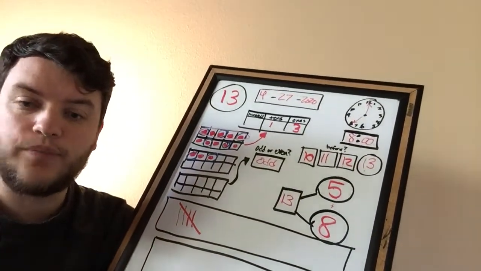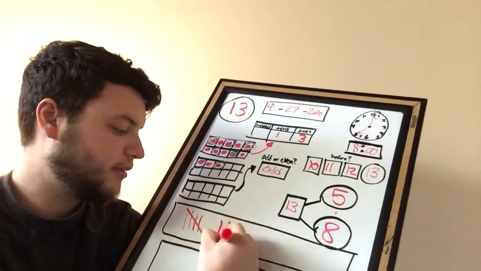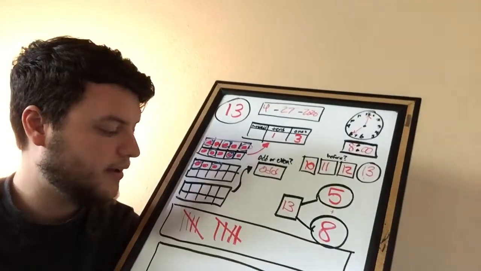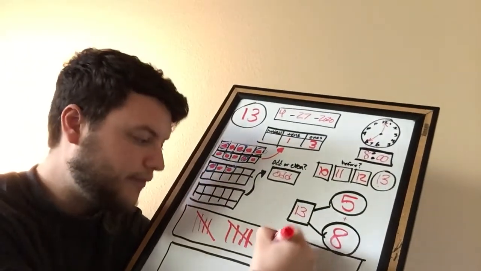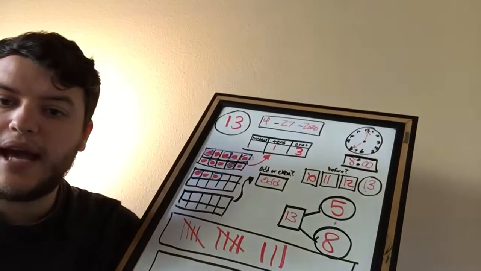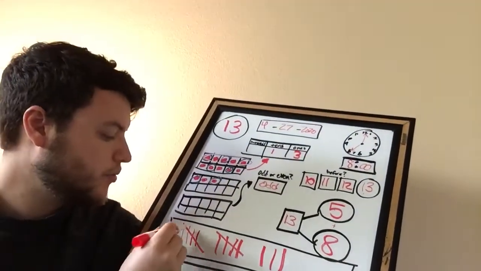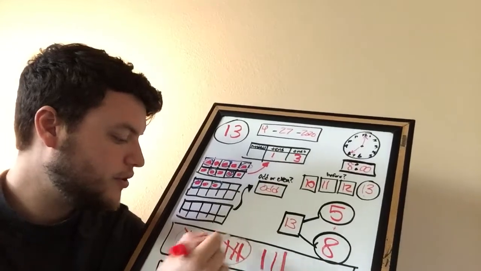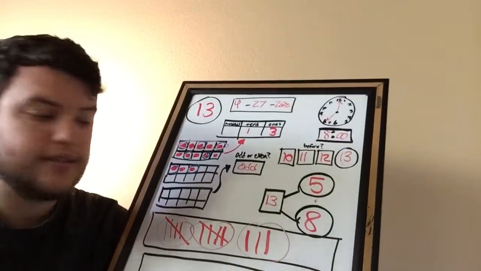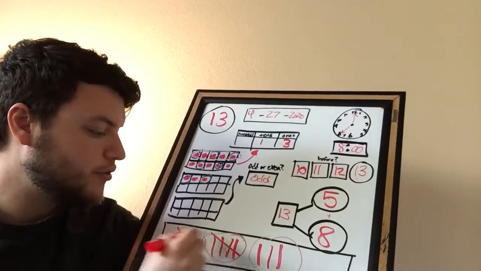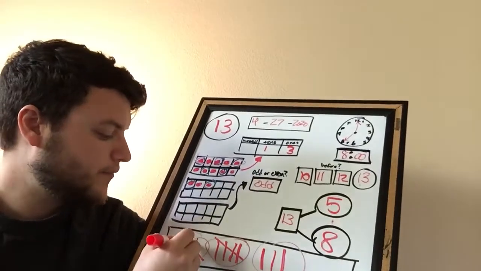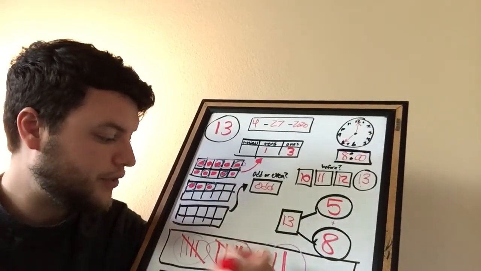That's 5. 6, 7, 8, 9, 10, 11, 12, 13. So how many gates do we have? That's right, we have 2. We have 1 here, 2 here. Is this a gate? Not a gate. It's not full yet. So we have 2 groups of 5 and 3 left over. So we have 5, 10, 11, 12, 13.